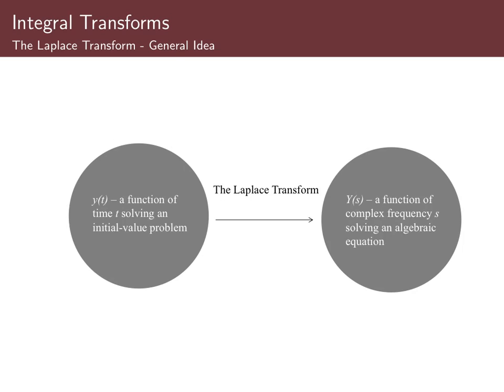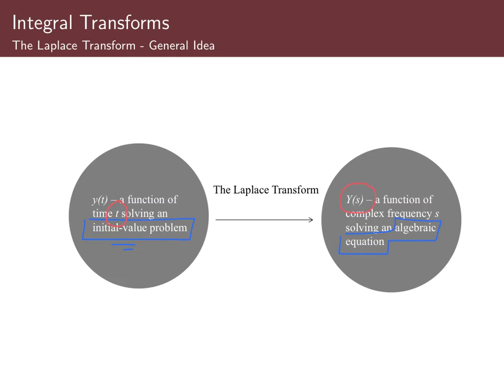Okay, so the Laplace transform works by taking the initial value problem that we're concerned with, applying an integral transform, and giving us an algebraic equation involving a function big Y of s, where the independent variable here is a complex frequency, as opposed to in this left circle here, where the independent variable is t, which is a time.